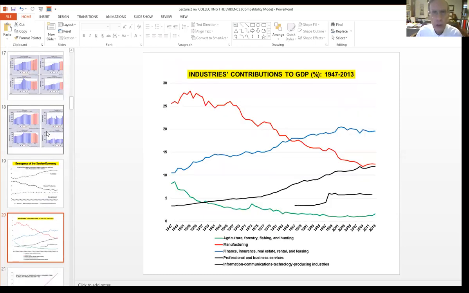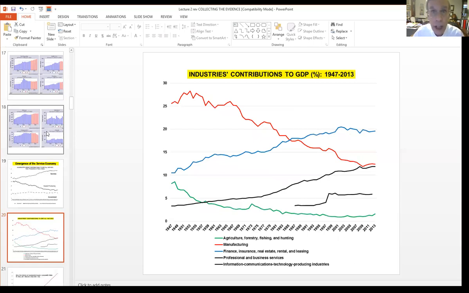All right, here's a little more detail of what we've just seen, just so we can appreciate the action in the individual industries. You can see the red line, can't you? Manufacturing has just plummeted from a high of about 27% down to, in 2013, something like 12%.